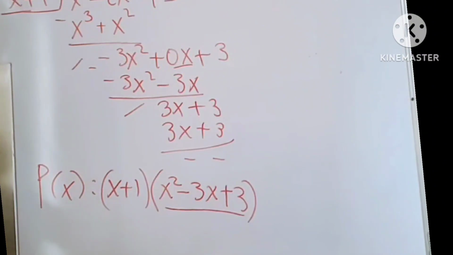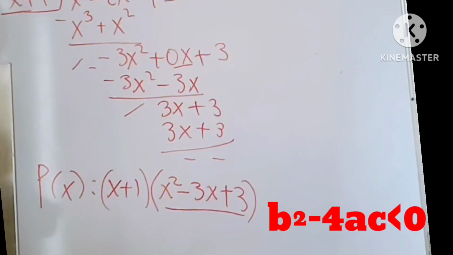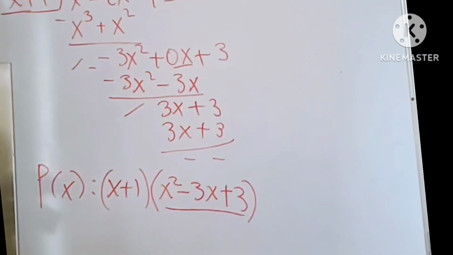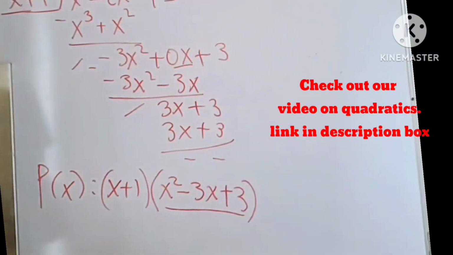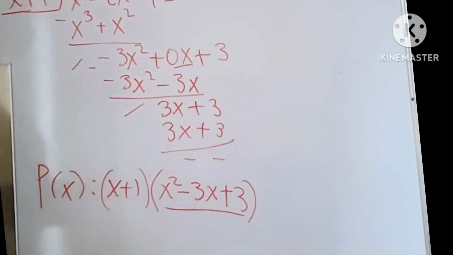So how do we check this? We know that b squared minus 4ac is less than 0 for imaginary or complex roots. It's greater than 0 for real roots. So let's verify b squared minus 4ac here. Will it be greater than 0 or less than 0?